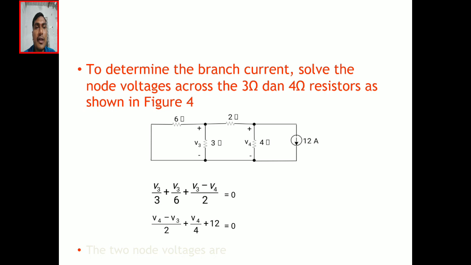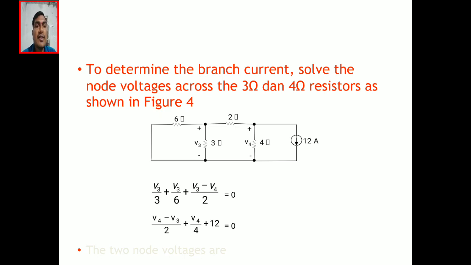That is one nodal equation. By considering V4 at the 4 ohms resistor: (V4 minus V3) by 2 plus V4 by 4 plus 12 amps, because the current is going away from the node, so we take it as plus 12 amps. Because V by R means current, and here the current is already given, we add the current to the equation.